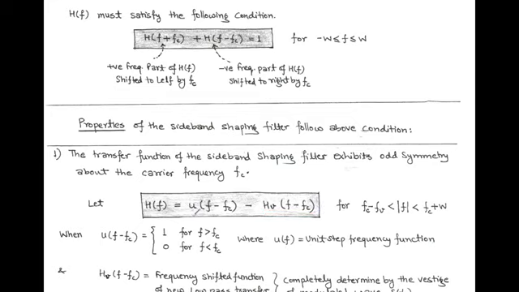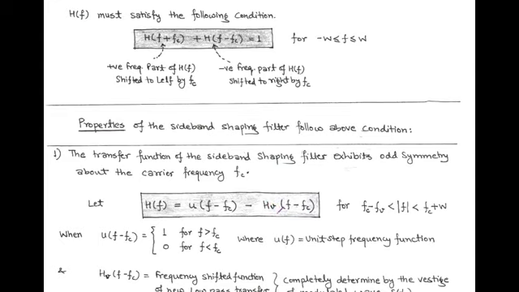Here the first term is the shifted unit step frequency function, and the second term is also a frequency function that is shifted by the carrier frequency, and it represents the vestige as a part of the lower sideband.